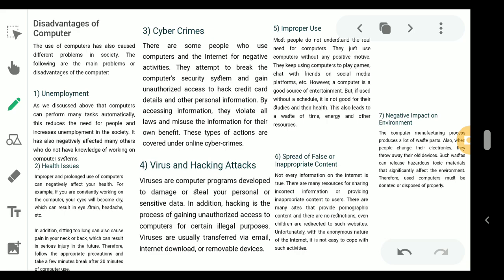If you are sitting continuously for 12 to 13 hours at the computer, you may have physical discomfort, neck pain, or posture problems, which can result in serious injuries in the future. Therefore, at least every 30 minutes you need to change your position.